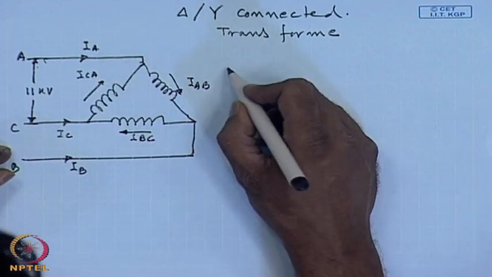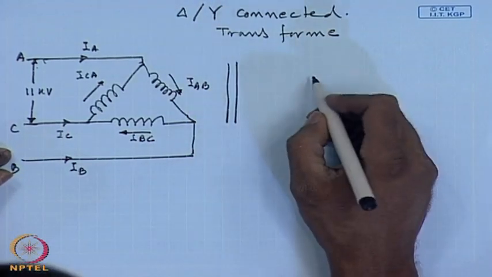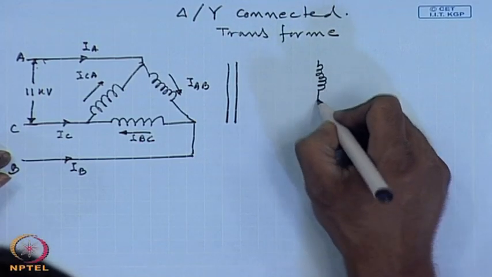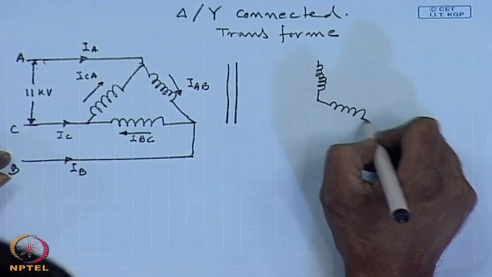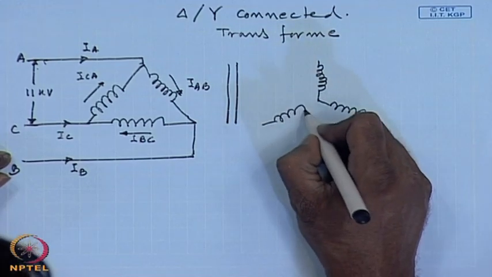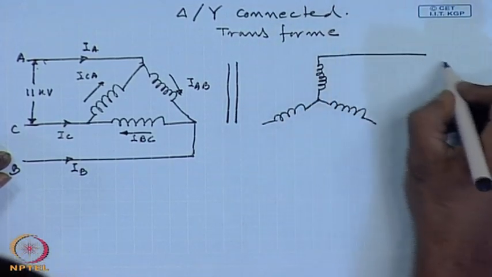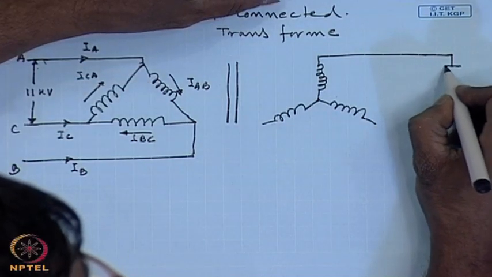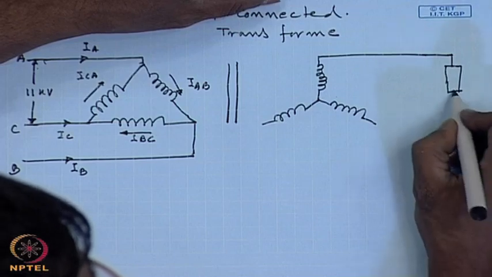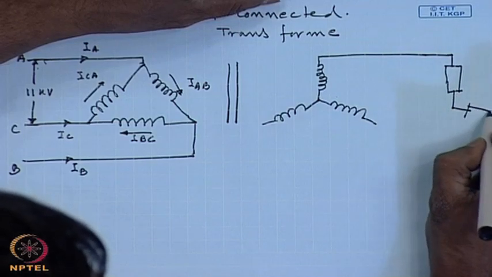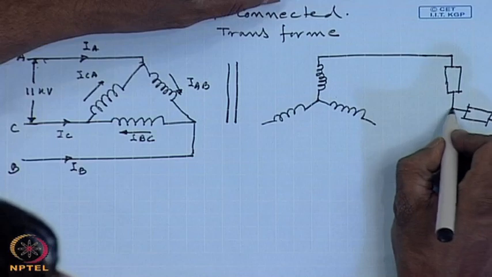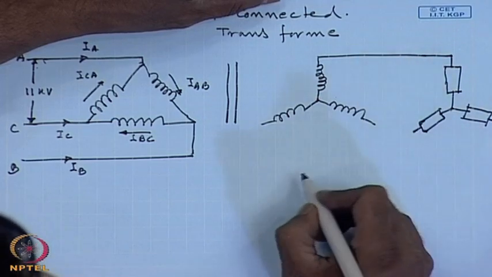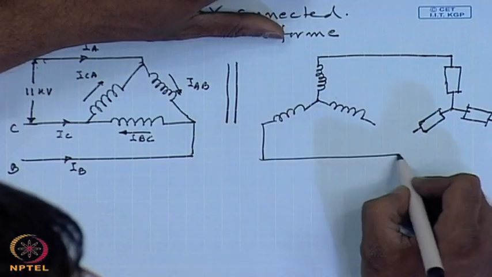The low voltage side is now star connected. And it supplies the same set of unbalanced load, but now the neutral of the load is connected to the neutral of the low voltage winding.